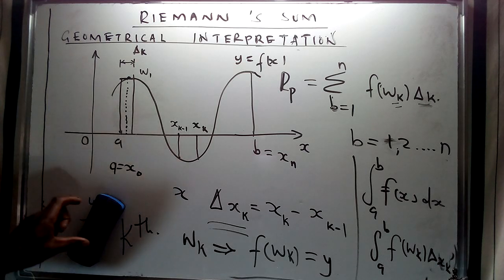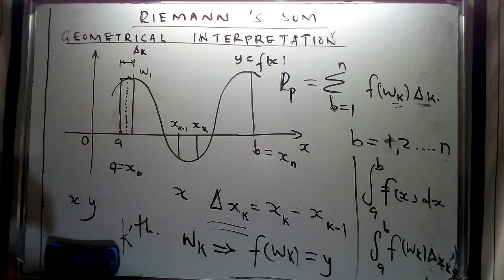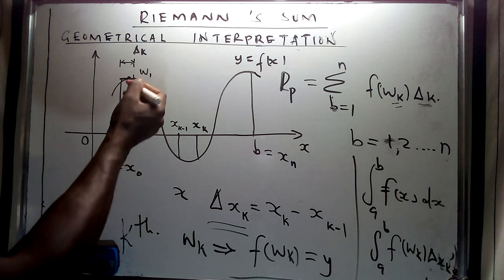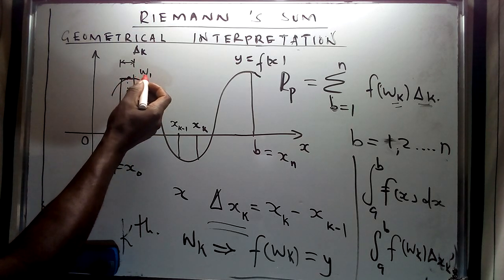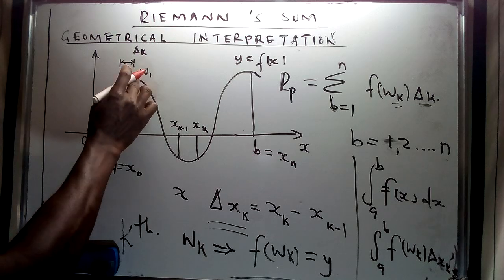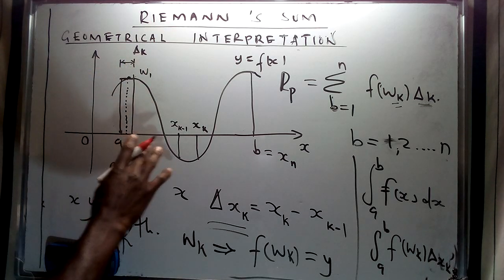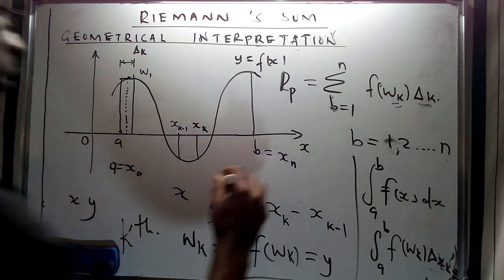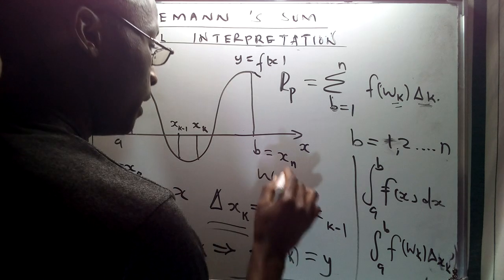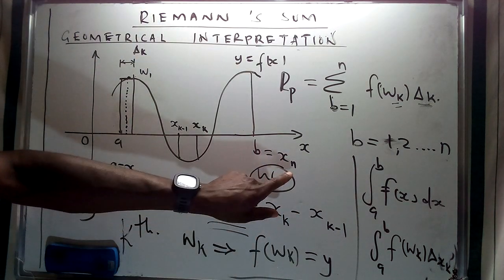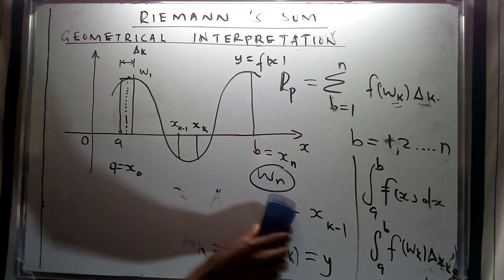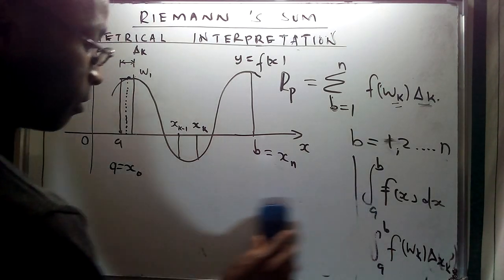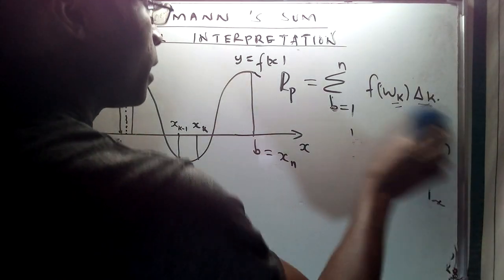But of course, I'm also going to place greater emphasis that to find this specific sum for these rectangles, it's going to be a summation from w1 to wn at the end of this specific partition P. That is going to be applicable for any number of partitions of this series.